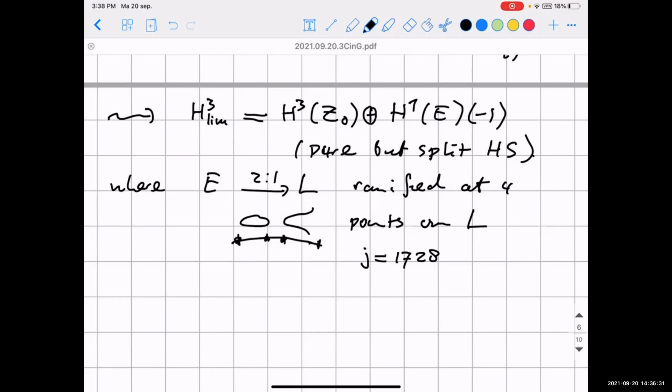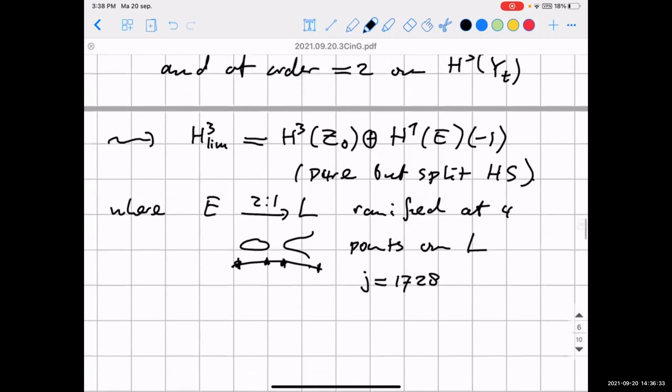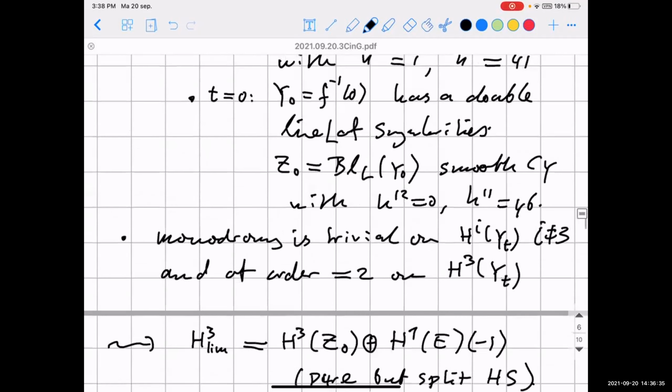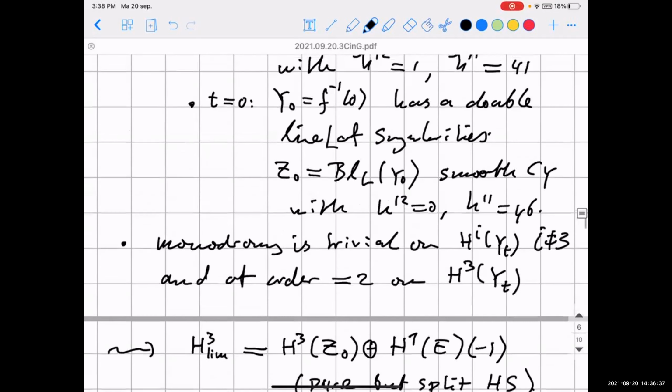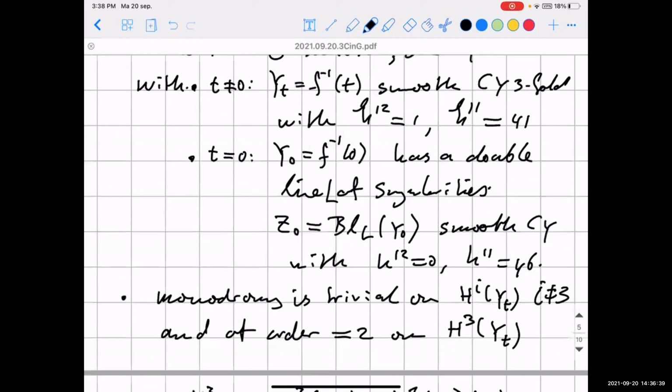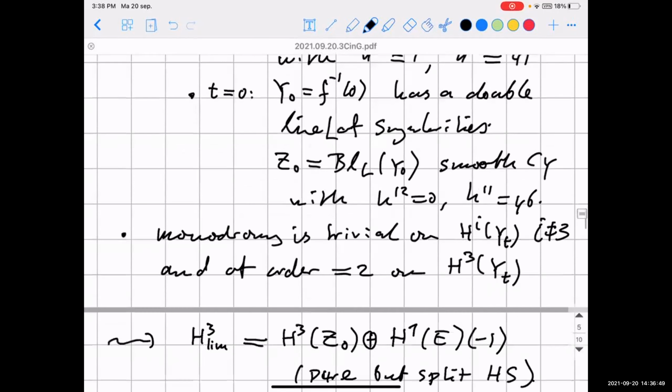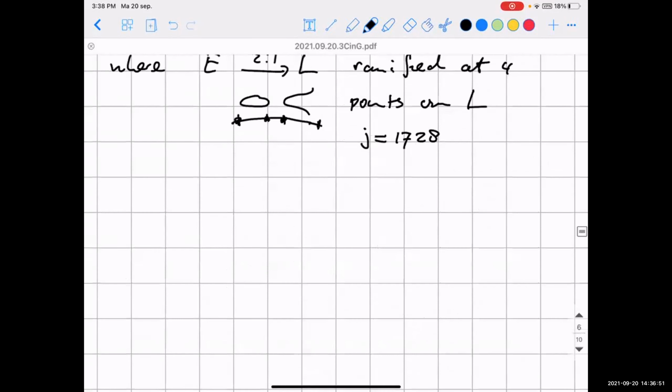But here there is a big topological change because we have a rigid Calabi-Yau here at the origin and with other Hodge numbers. So this shows how different this is from the case of K3 surfaces.